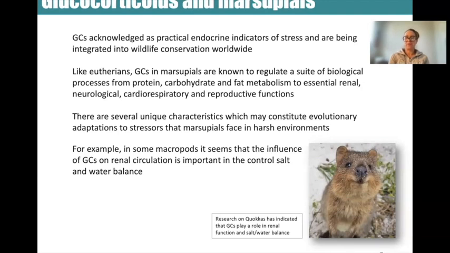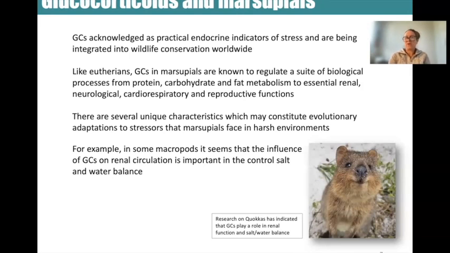So like eutherian mammals, glucocorticoids in marsupials are known to regulate a suite of biological processes from protein, carbohydrate, and fat metabolism to essential renal, neurological, cardiorespiratory, and reproductive functions.